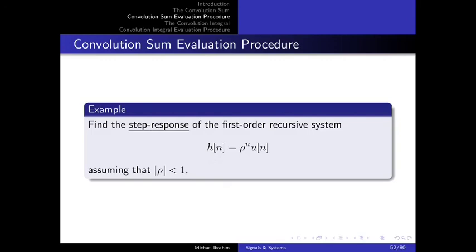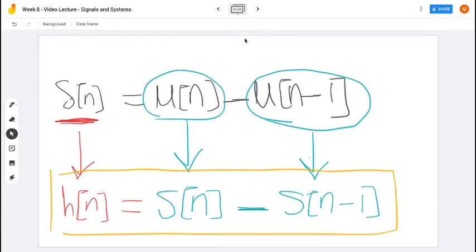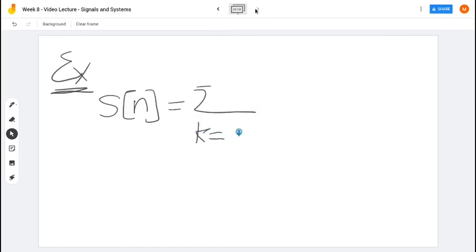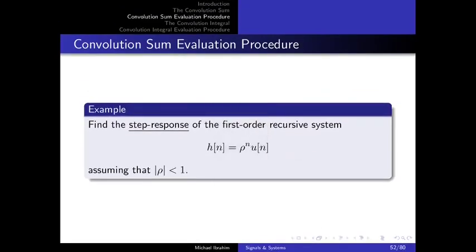So going to our whiteboard over here, the step response S of n for a causal system is a summation from k equal to 0 up to n of h of k. So how did I know that the system is causal? Because h of n is 0 for n less than 0, because we have u of n over here.